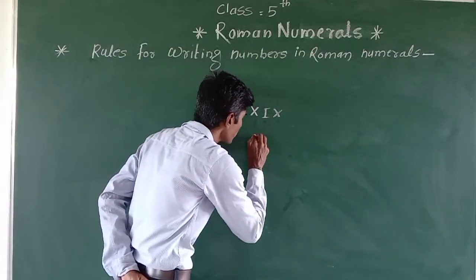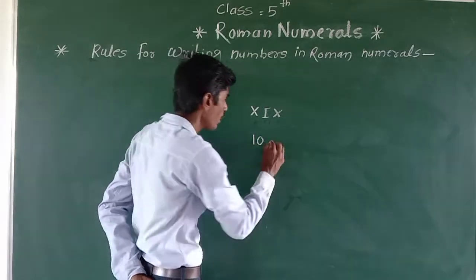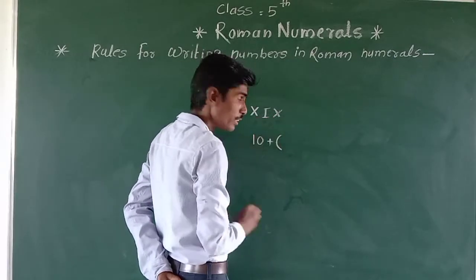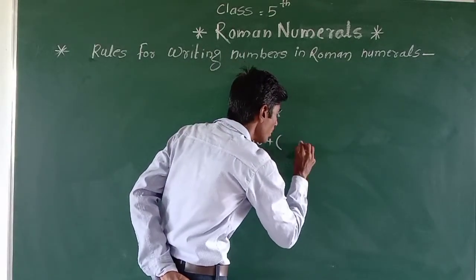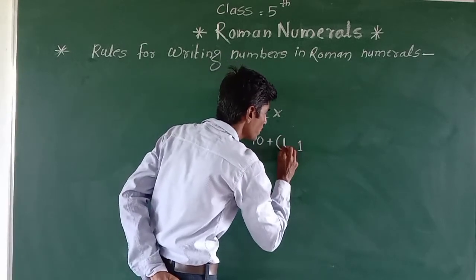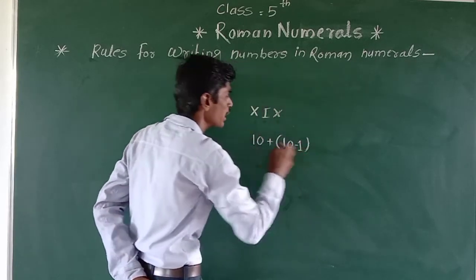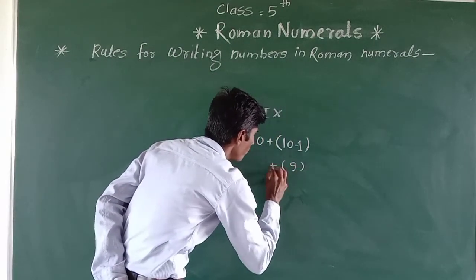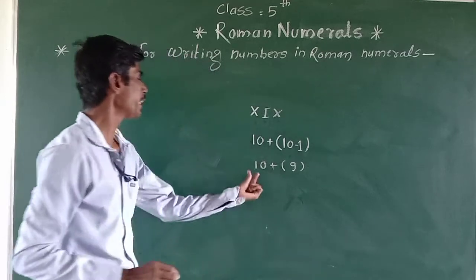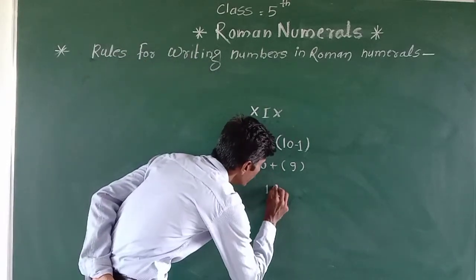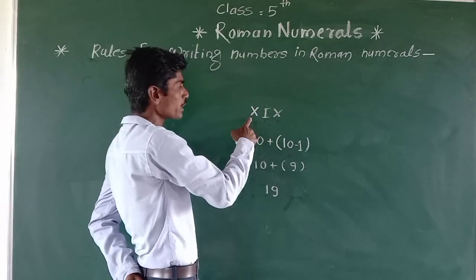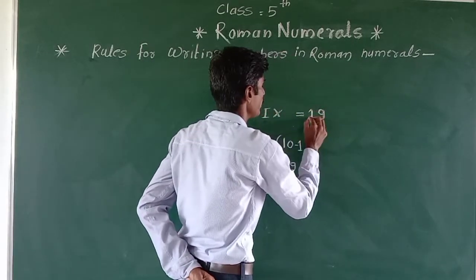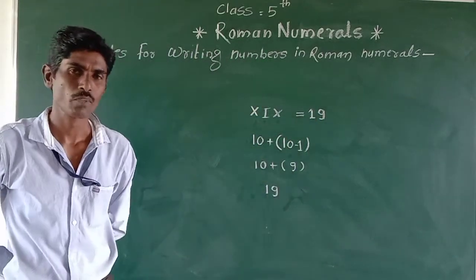So X means 10, I means 1, and the other X means 10. 10 minus 1 is 9, plus the first 10, that is 19. So the value of XIX is 19.